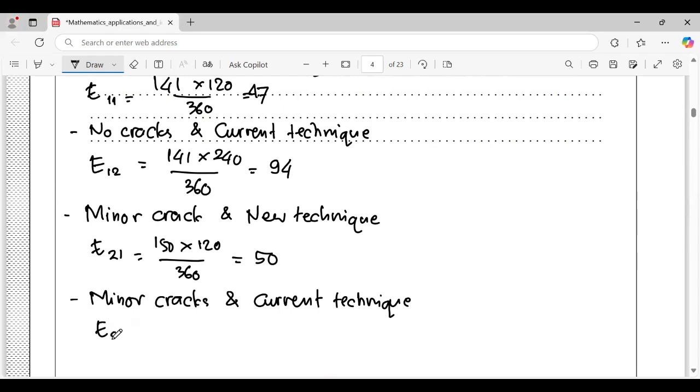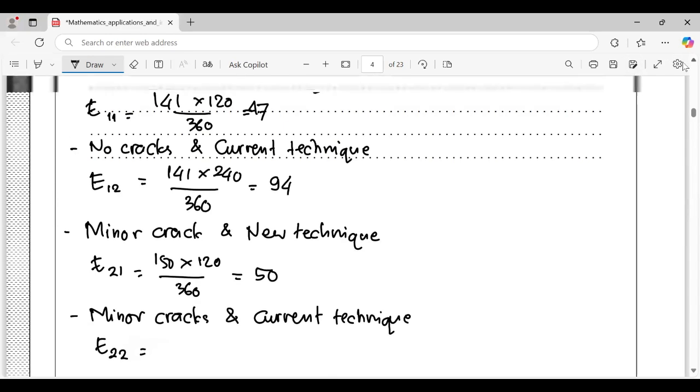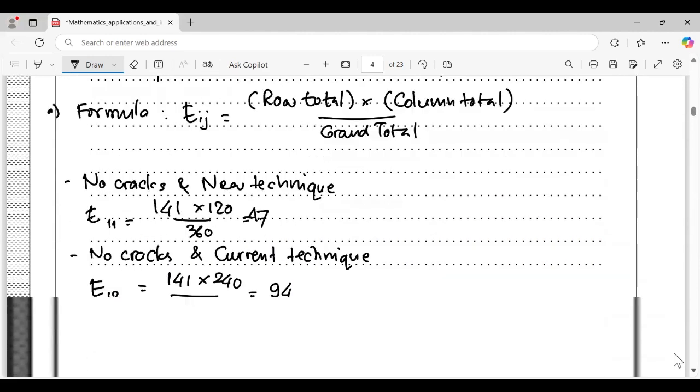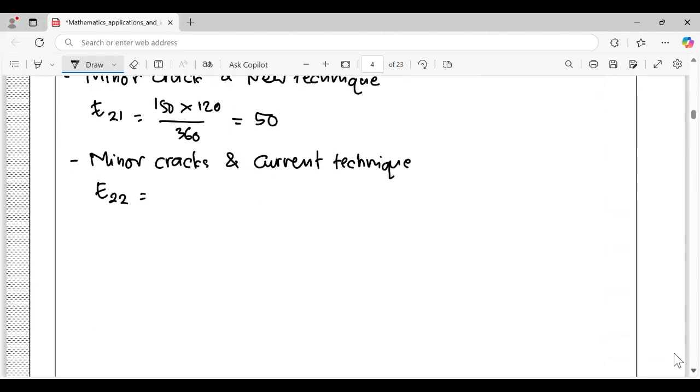It means E22, minor and current. The minor total is 150, current total 240, and it equals 100.